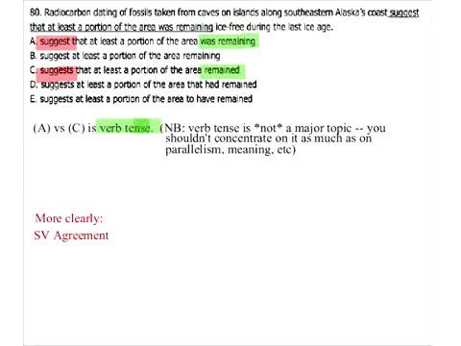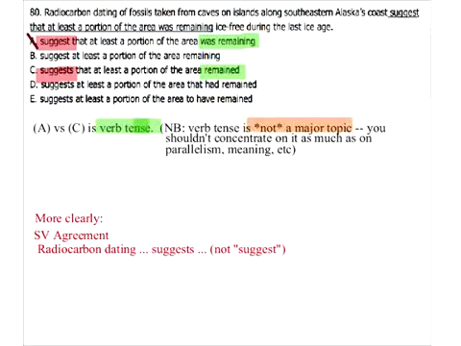Not "suggest." So that's one reason to kill A right there. It's actually good that we're seeing that, because it validates what we said about verb tense. When we say it's not a major topic, this actually means two different things.